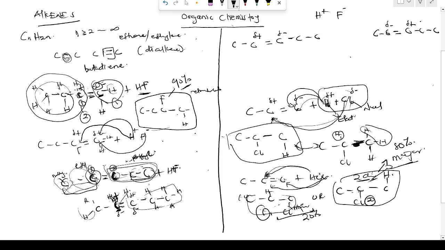So using the Markovnikov's rule, the hydrogen plus will have to go to this and then the fluorine will go to, you are going to get C going to C, going into CH, then C. Then this becomes one product.